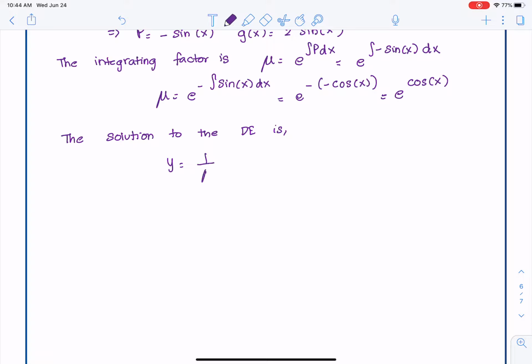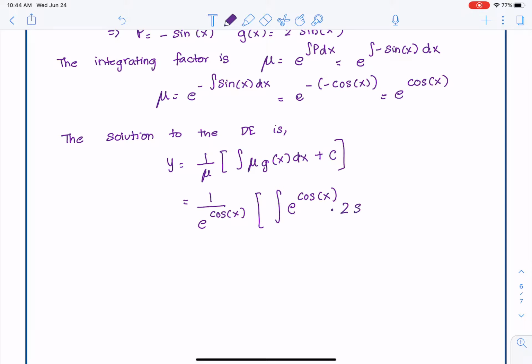One over mu integral mu times g of x dx plus c. 1 over e raised cosine x integral e raised cosine x times 2 times sine x dx plus c.